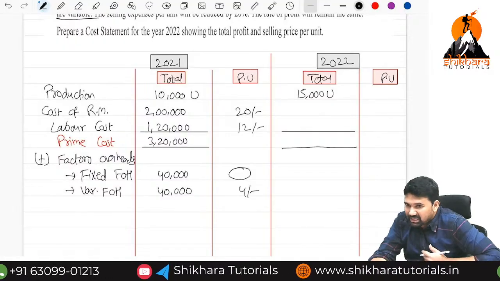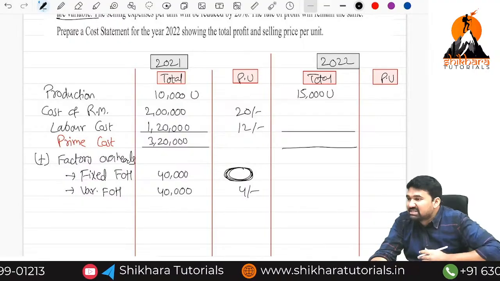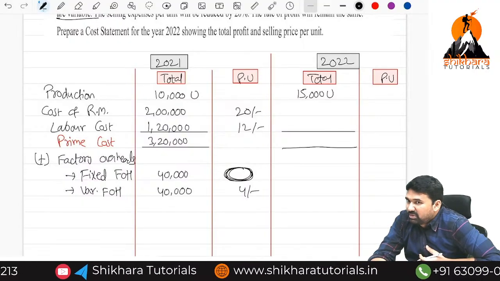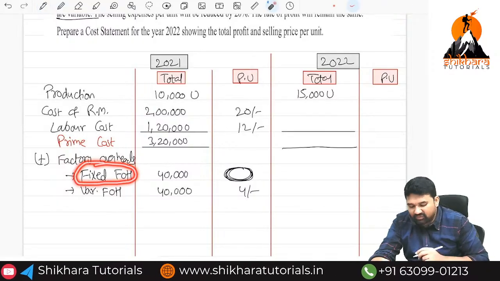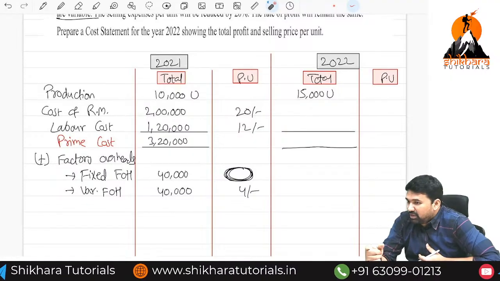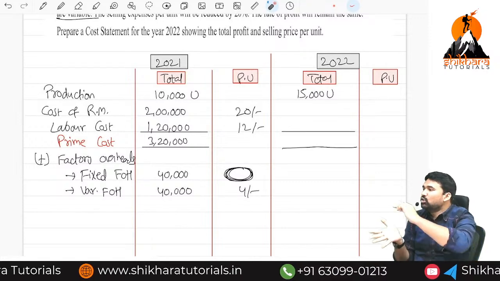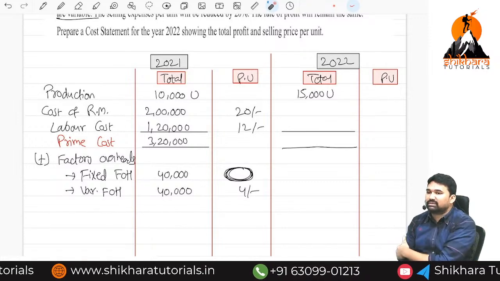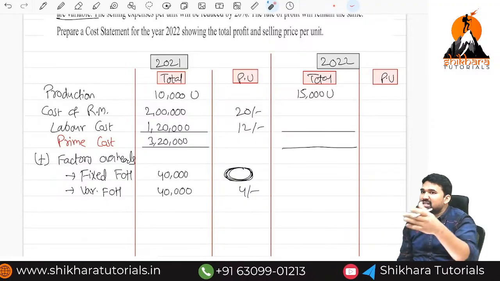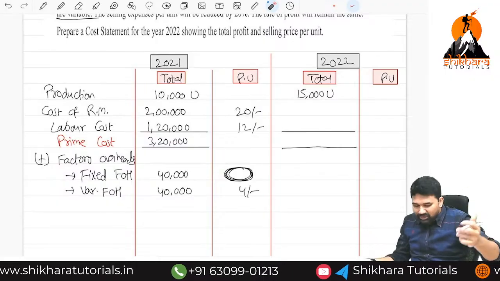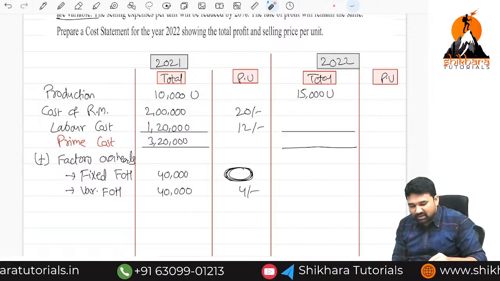Do you really understand why we did not calculate this cost on per unit basis? Because this is fixed overhead. In case of fixed cost, a cross mark is given to cost per unit, as you have written in your notebooks. So there is no point in finding per unit cost of fixed cost.